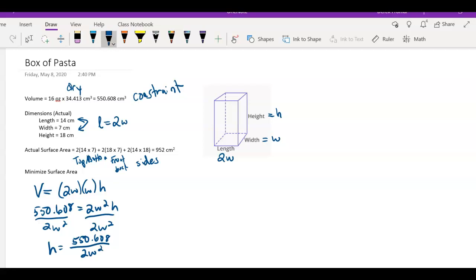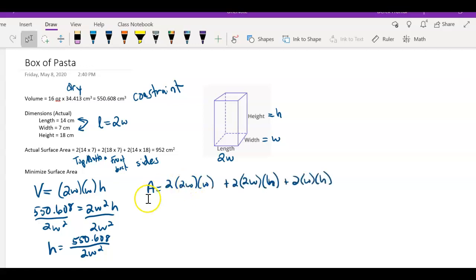But now I need to use that in the equation for my surface area. So I'm going to stop for a second and see if you can determine what the surface area formula would look like for the rectangular box. So my surface area formula is now written underneath the picture.